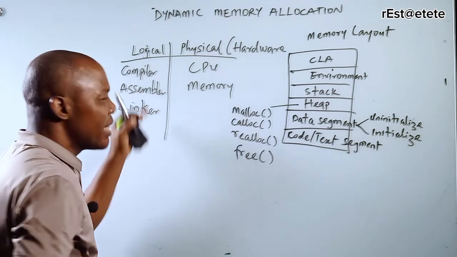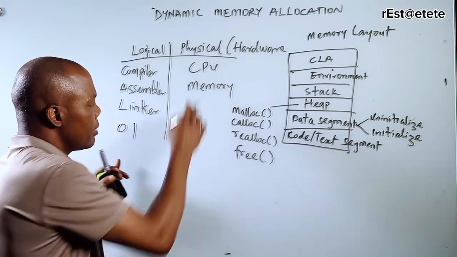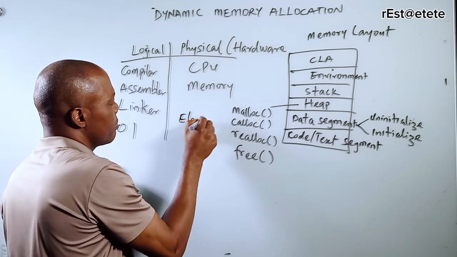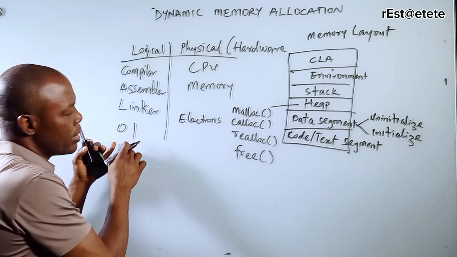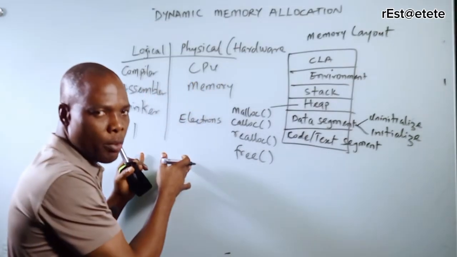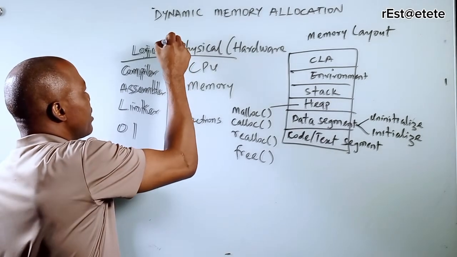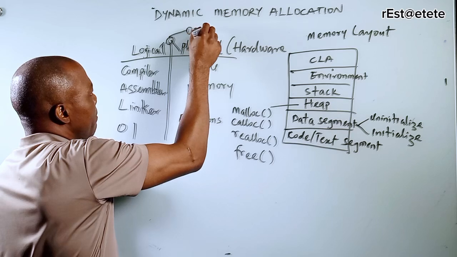Now, this part is the 0 and 1. This part is electrons. So the CPU and the memory don't understand all this. So how then are they able to communicate? We have something at this point, one leg here, and that is what? The operating system.